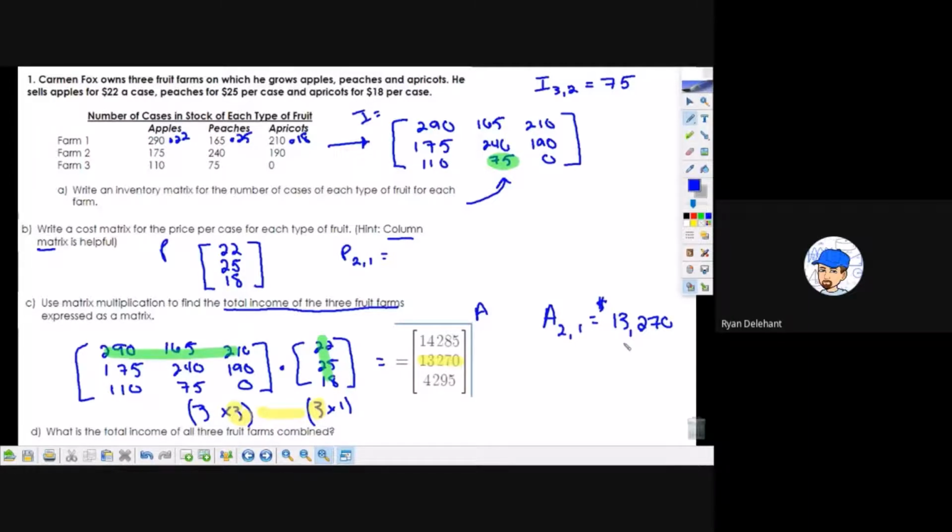Which fruit stand? Farm stand 1, farm 2, or farm 3? This is farm 2 because it's in the middle. Remember, 2 was right here when we set this up. So that's its multiplication. Farm stand 1 is the top, 3 is the bottom. So this one is 13,000. This is the profit.